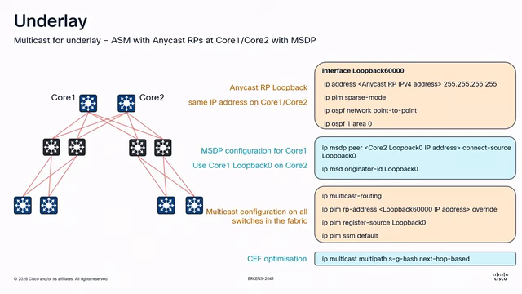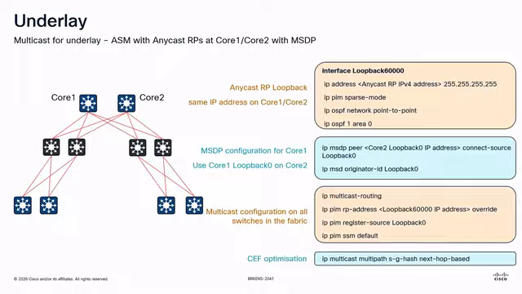If you want to configure multicast for the underlay, for BUM traffic, it does not have to be complicated. All you have to do is configure anycast RP, so a rendezvous point loopback, and anycast means it's the same IP address on both cores, advertised as a loopback. That would be our rendezvous point IP address. Configure MSDP, which is basically one line between the core switches so they can exchange multicast state with each other because they're running anycast RP.